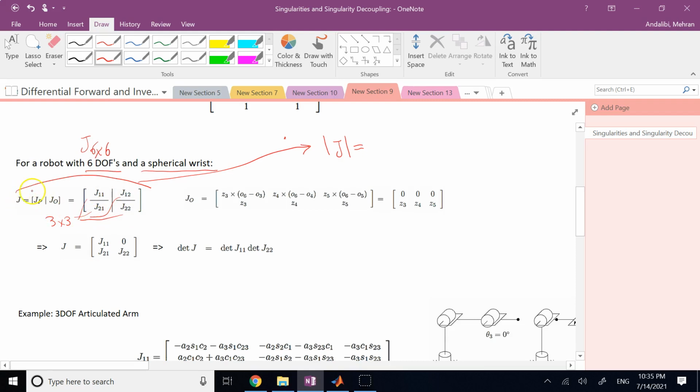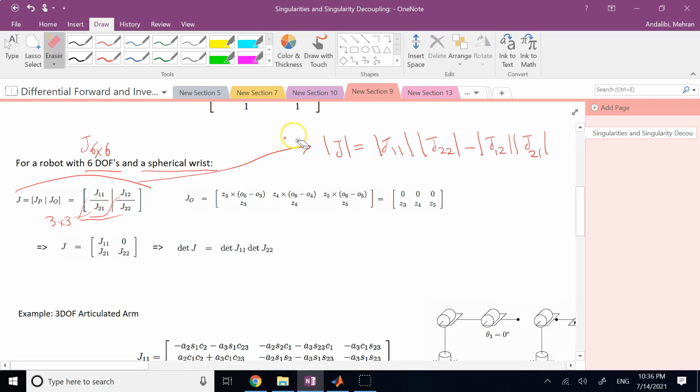So determinant of J is going to be determinant of J11, correct? Times determinant of J22 minus determinant of J12 times J21. So you can treat it like that.